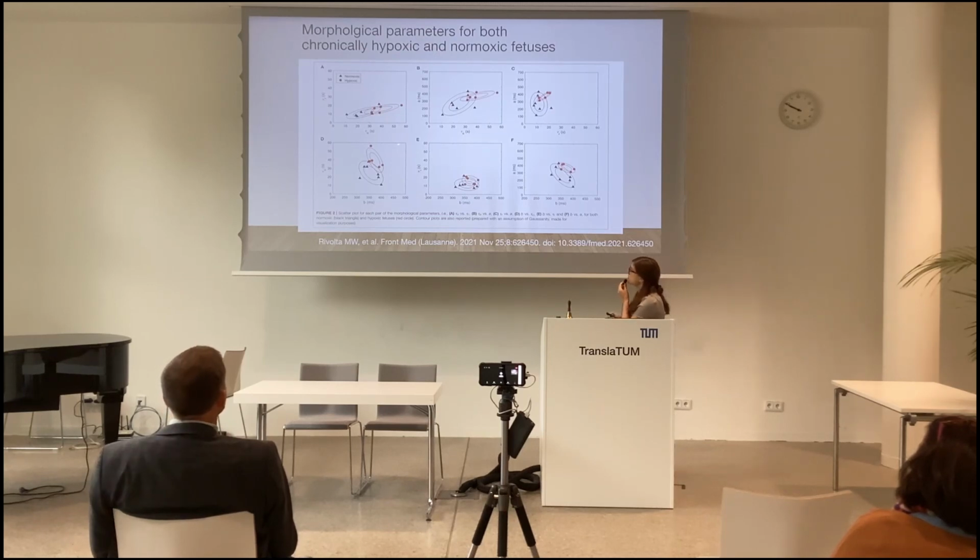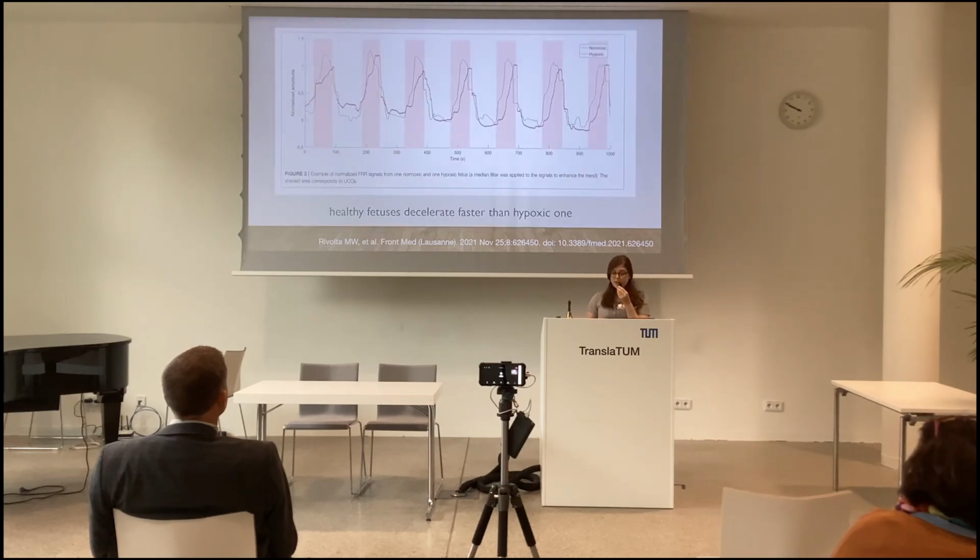And we found that the two populations are different, particularly for the tau U, the time in which the fetus reaches the nadir, and also for the amplitude and for the delta T. Then partial correlation coefficients were computed to compensate for the amplitude and also the baseline.